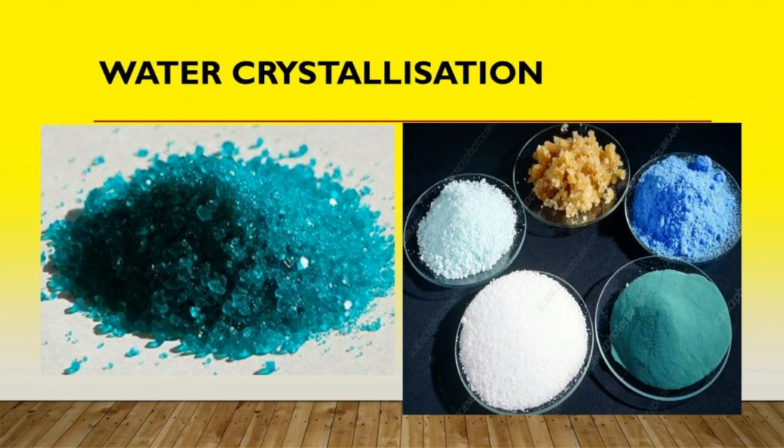For example, copper sulfate is written as CuSO4 dot 5H2O. It is named copper sulfate pentahydrate. This water of crystallization makes the copper sulfate blue. When you heat it, it loses the water molecules and becomes white in color.